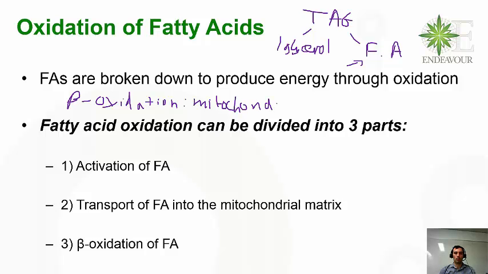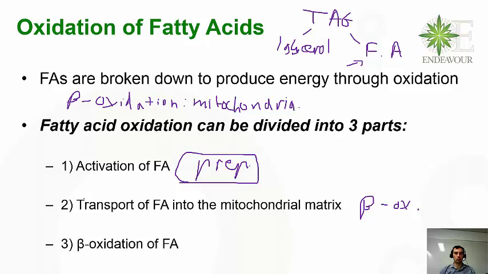So there's a few different steps to this process. So firstly, we actually have to prepare our fatty acid for our beta oxidation. So this is the activation of the fatty acid, and you can think of this as a preparation step. We then actually need to move the fatty acid into the mitochondrial matrix, because that's where the beta oxidation takes place.